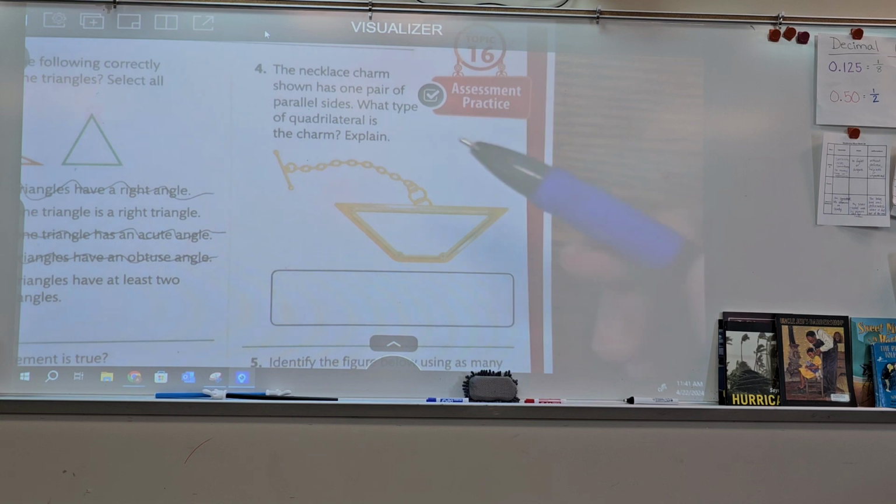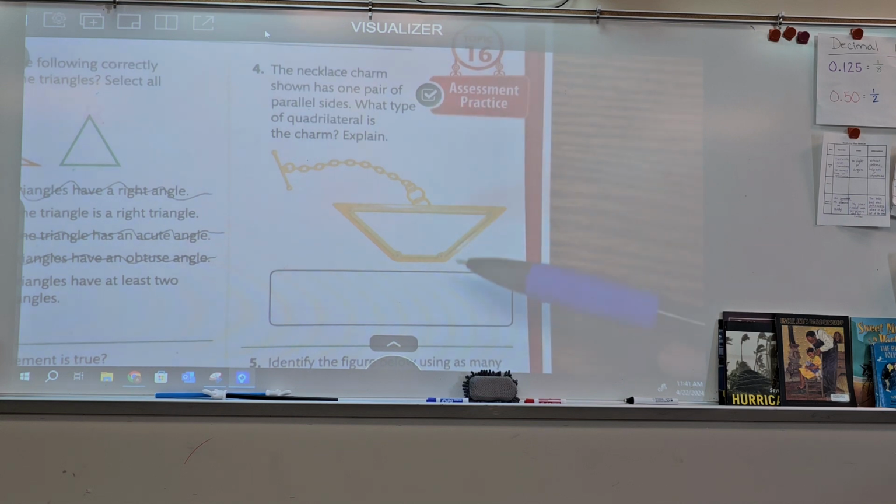Number 4, the necklace charm shown has 1 pair of parallel sides. This is parallel right there. These 2 will never cross. What type of quadrilateral is the charm? Well, I know that a quadrilateral that only has one pair of parallel sides is called a trapezoid.